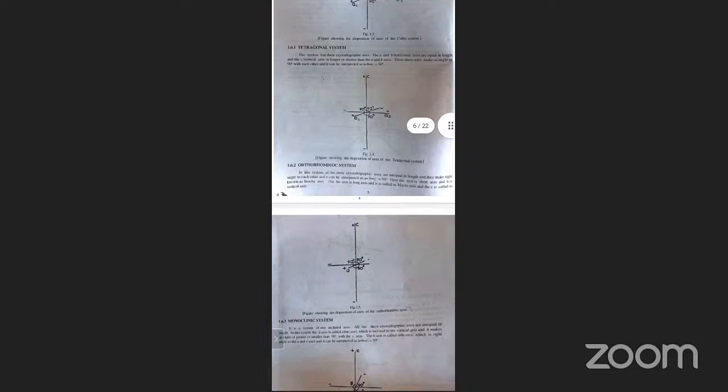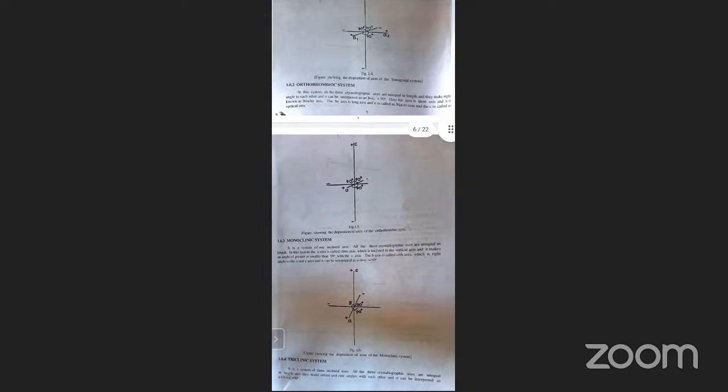And next one is the orthorhombic system. In an orthorhombic system, all three crystallographic axes are unequal. The axis lengths are different, but the angle is the same. It intersects all the axes at 90 degrees. Here the short axis is known as the brachyaxis.